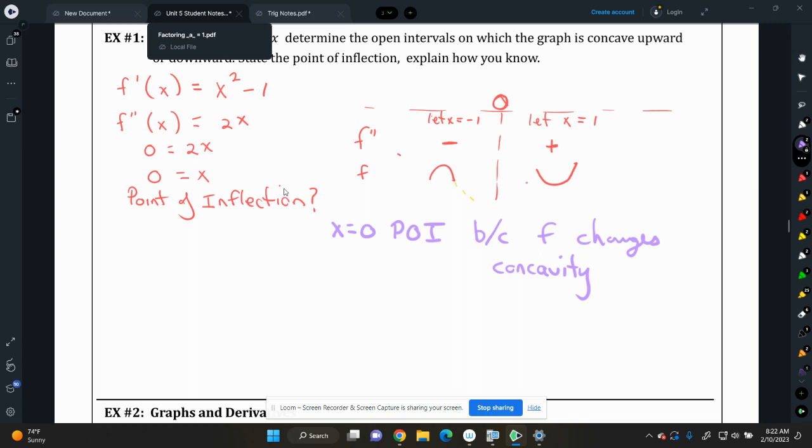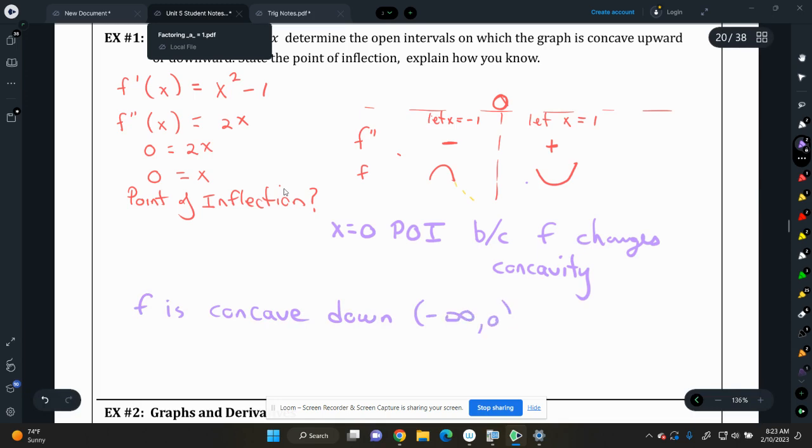It's asking where it's concave up or concave down. So f is concave down from -infinity to 0, because f double prime is less than 0.